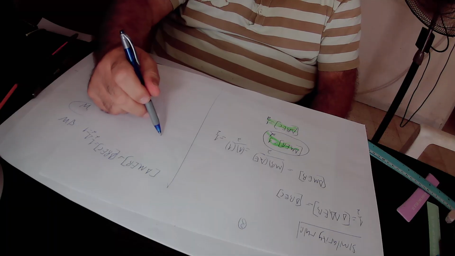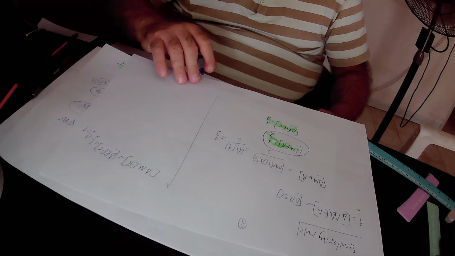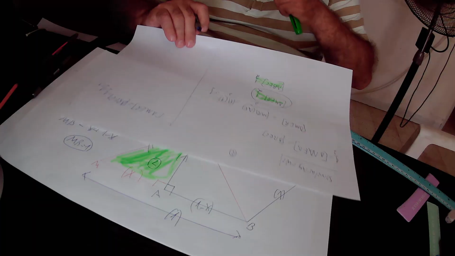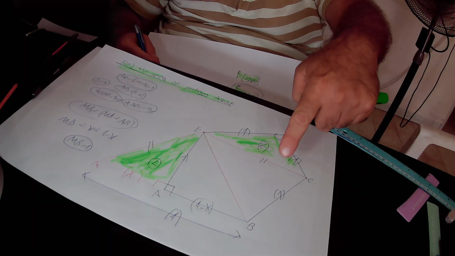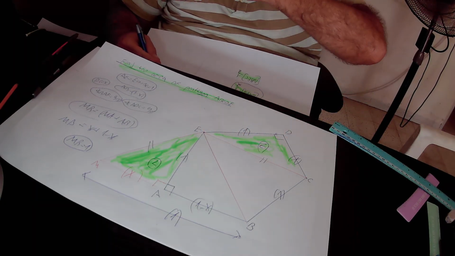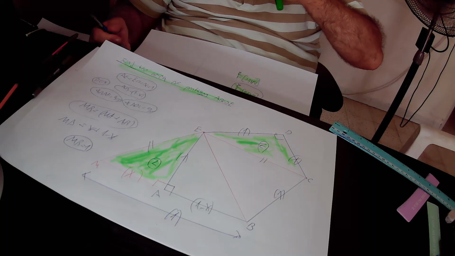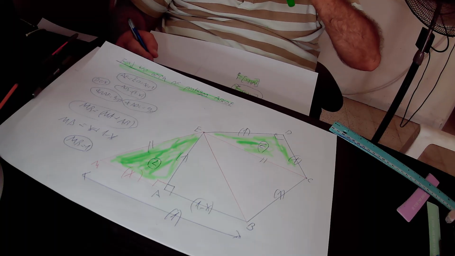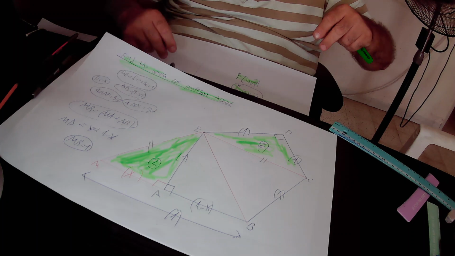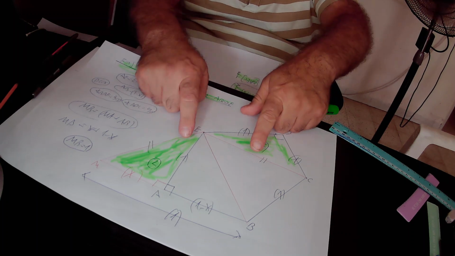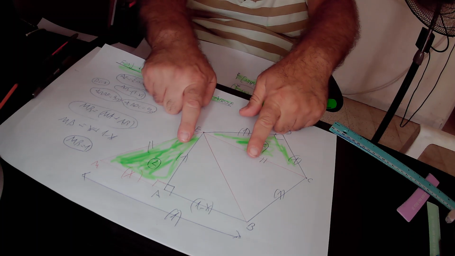So if you know that the area of triangle EBC plus the area of triangle EMB equals 1, but what is the sum of those two areas?